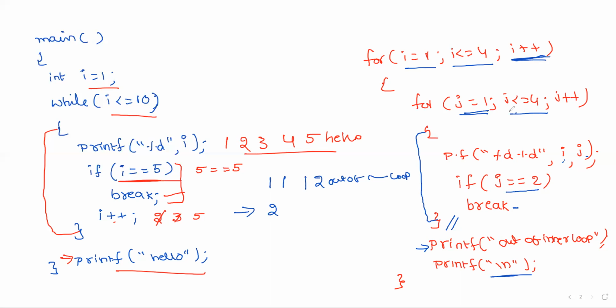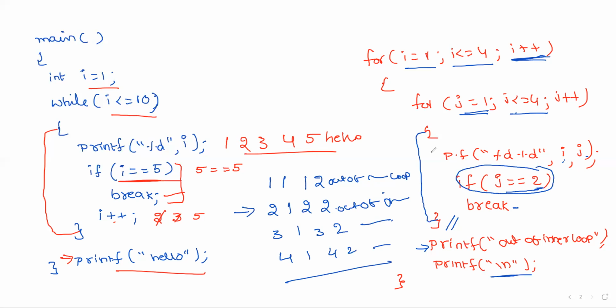Now j is equal to 1, so j value 1 is printed, then i value 2, j value 2 is printed. Whenever j value is equal to 2, break, we come out of the inner loop. So the output is 3 1, 3 2, 4 1, 4 2, each followed by out of inner loop. You got it? Whenever j value is equal to 2, we come out of the inner loop only. This is the case of nested for loop.